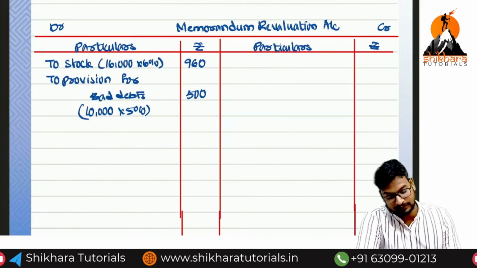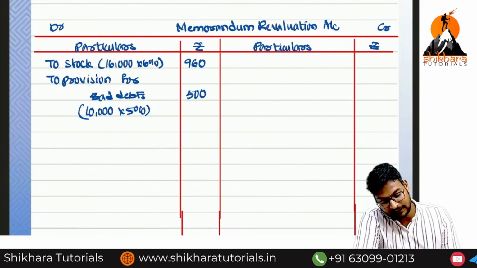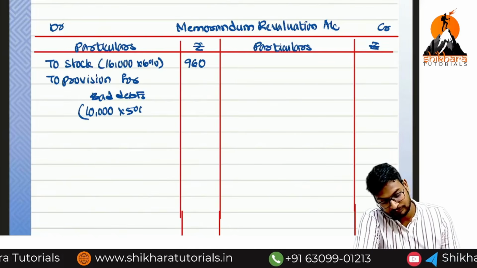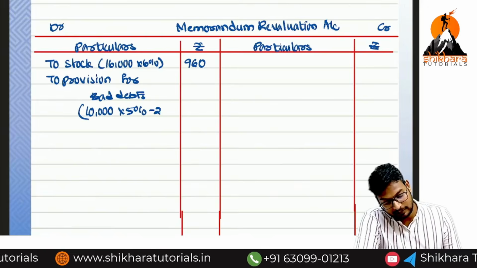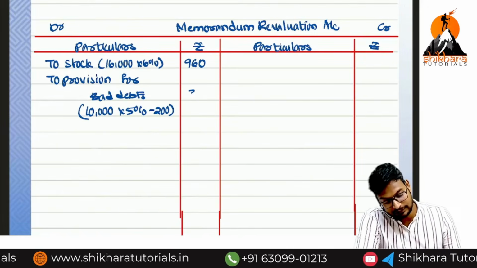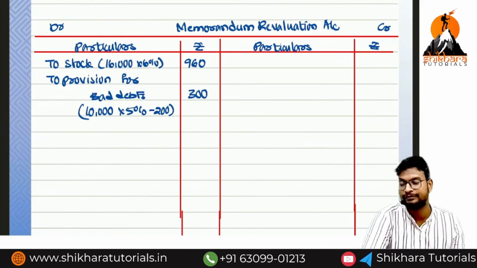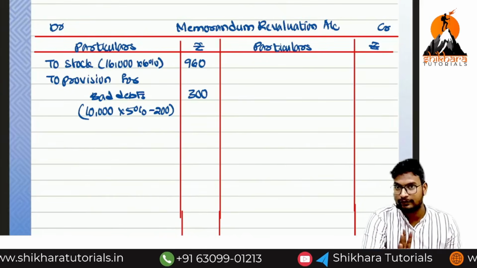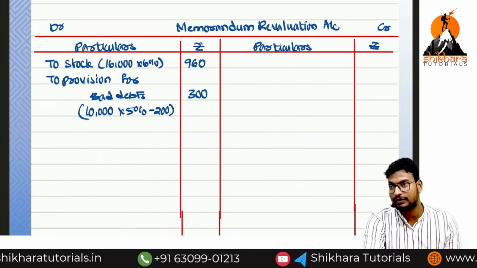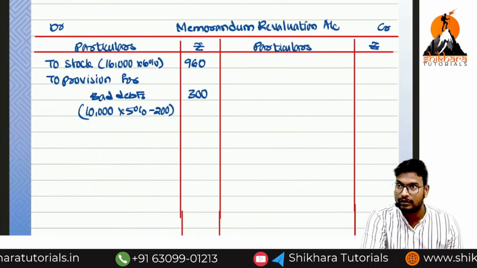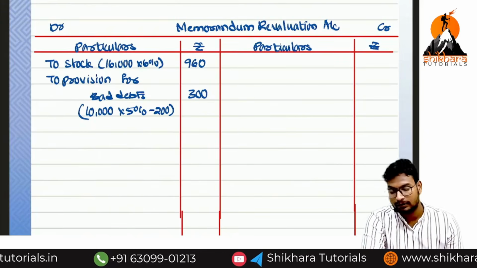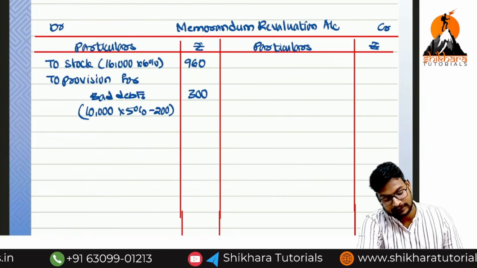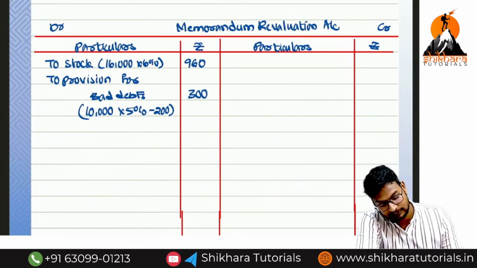Please remember this point. So already how much we are having, Amma? 5% is already we are having, the 200. So net of 300 we need to write. They said to create 5%. How much we have got? 500. Already how much provision you are having? 200. So still how much we need to create? That's all.